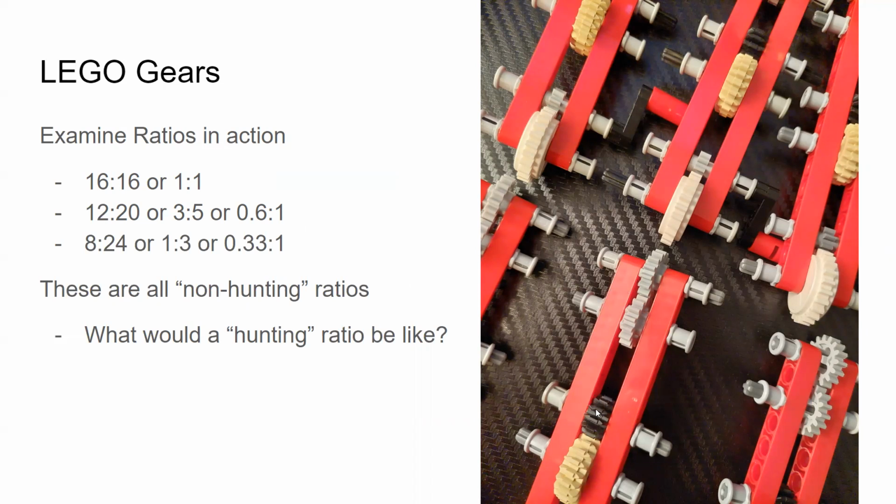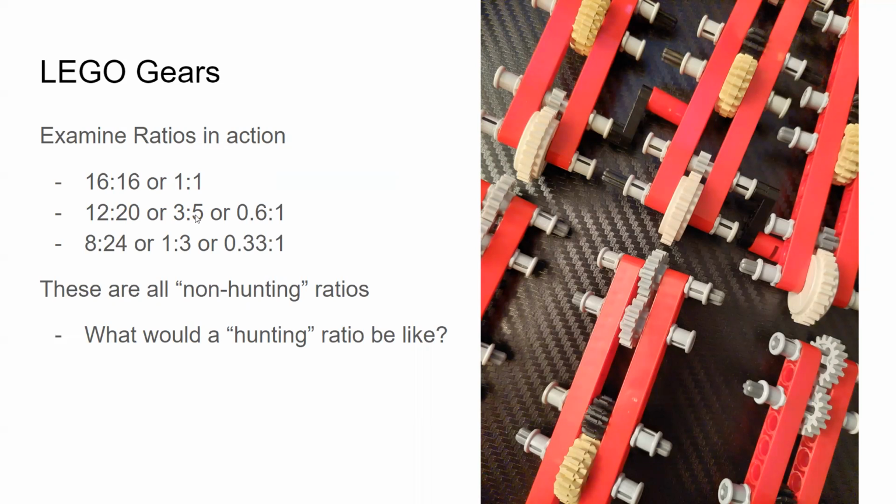In the middle of these things, I have a black 12-tooth gear and a tan 20-tooth gear. So one turn on the 12-tooth gear did not equal one turn on the 20-tooth gear. You can see the ratio in the middle here. That's the number of teeth, 12 to 20. This is the equivalent ratio.